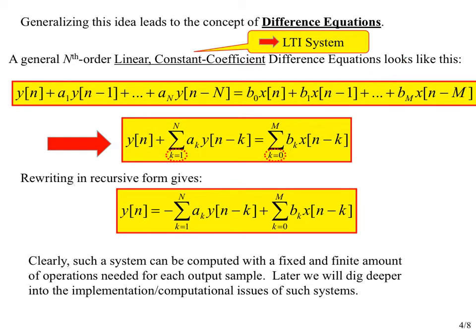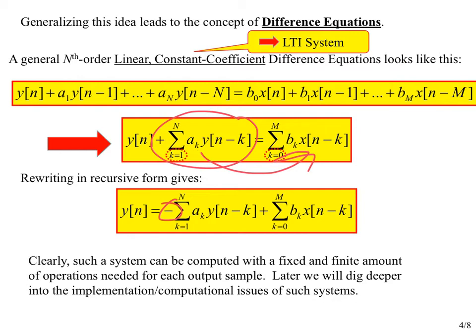So we've got that, and if we swing this term over to the other side, we get a negative sign out in front, and so that's all good. And so this is just a recursive form, and we can see that we have a fixed and finite amount of computation that we have to do for each output sample.